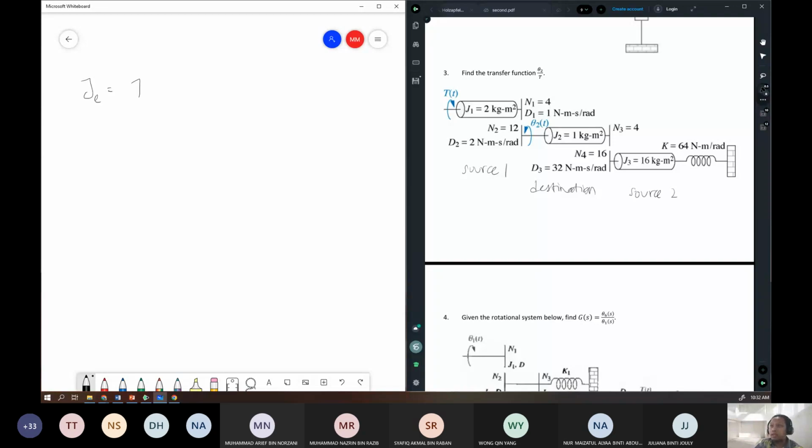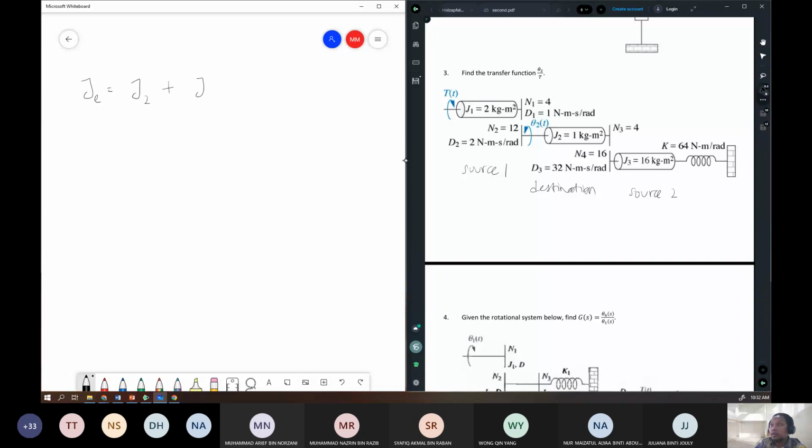So we just write J2, and then plus the inertia J1. J1 is on shaft number 1, so we need to perform impedance transfer by multiplying with the gear ratio squared.